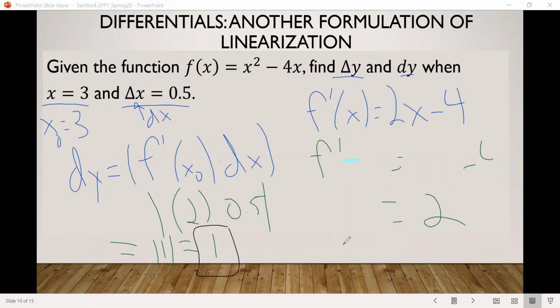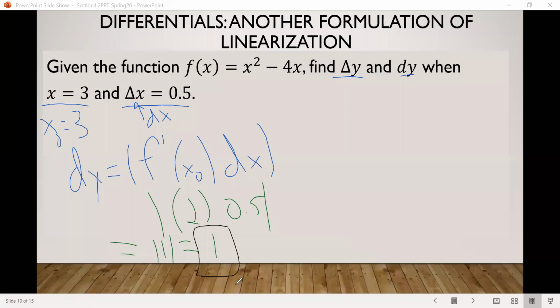So fairly straightforward. So now let's find delta y. And we'll again use our formulas. So delta, not d, delta y.